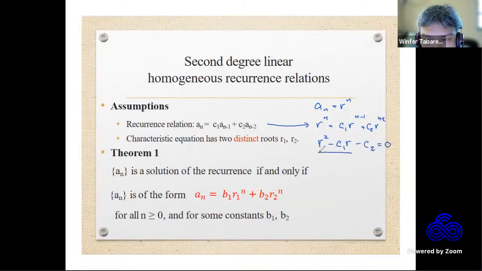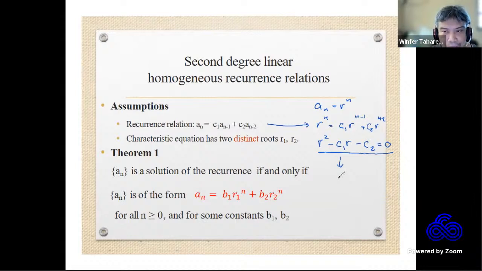This is now our characteristic equation. Because it's quadratic, there are either no real roots, one root, or two distinct roots.